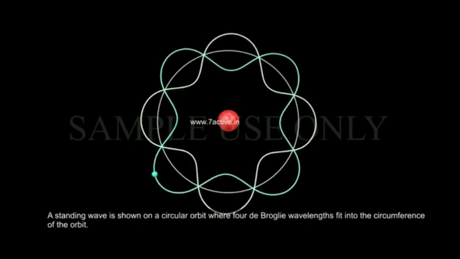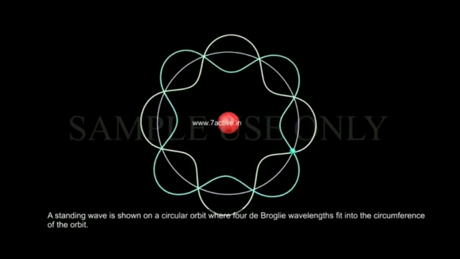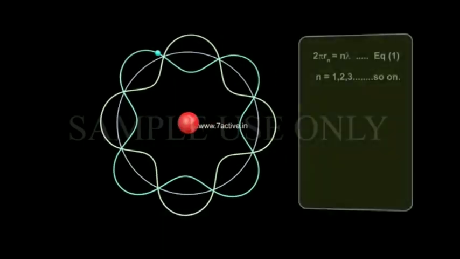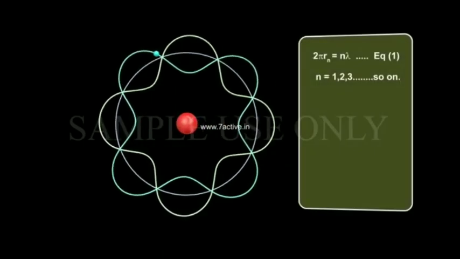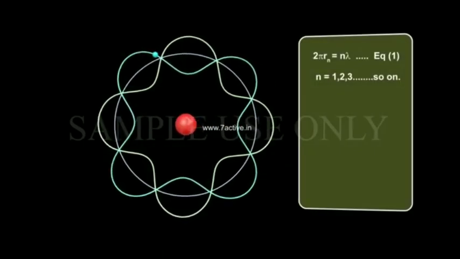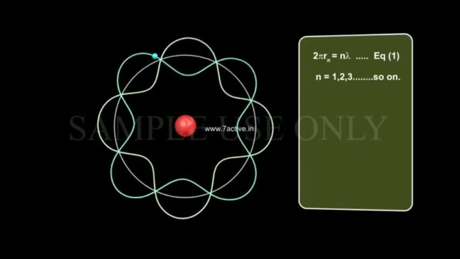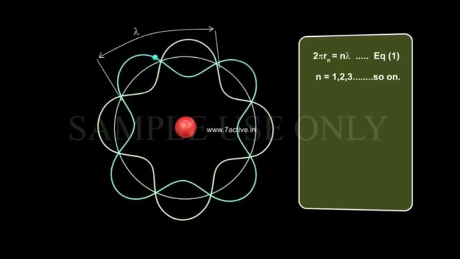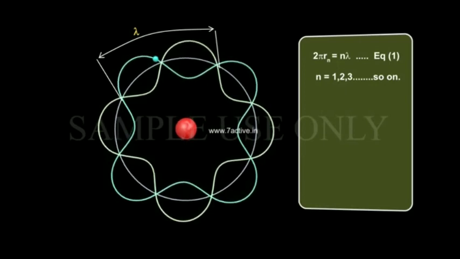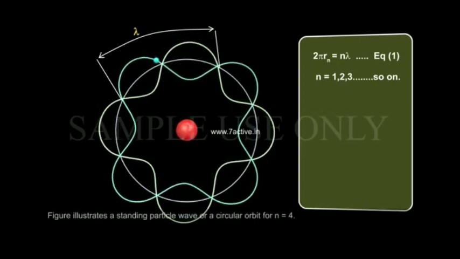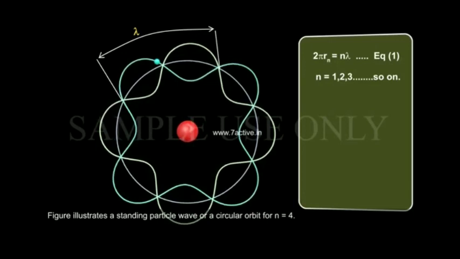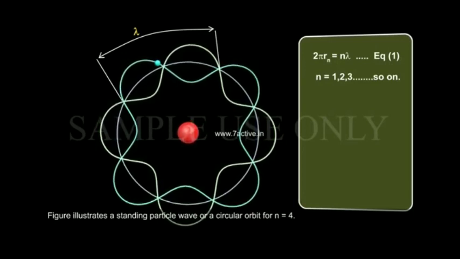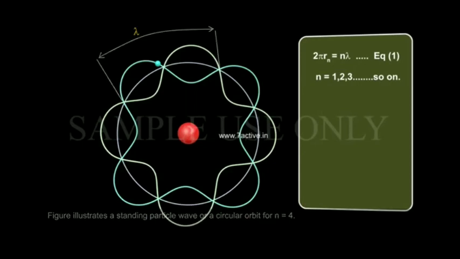A standing wave is shown on a circular orbit where 4 de Broglie wavelengths fit into the circumference of the orbit. 2πRn = nλ, equation 1, where n = 1, 2, 3, and so on. The figure illustrates a standing particle wave on a circular orbit for n = 4.